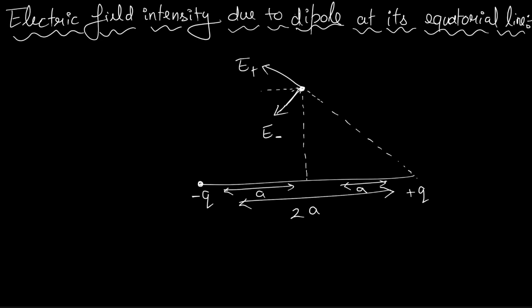The resultant looks like this; I name it E_R. Let me take this distance as r, and this as also r, because they are on the equatorial axis. Then both are at the same point.